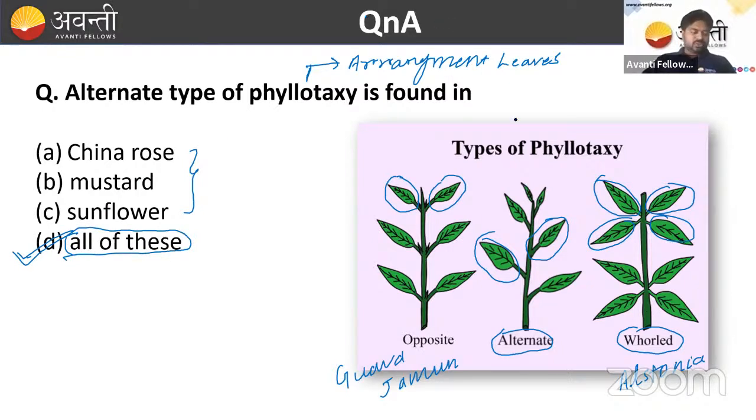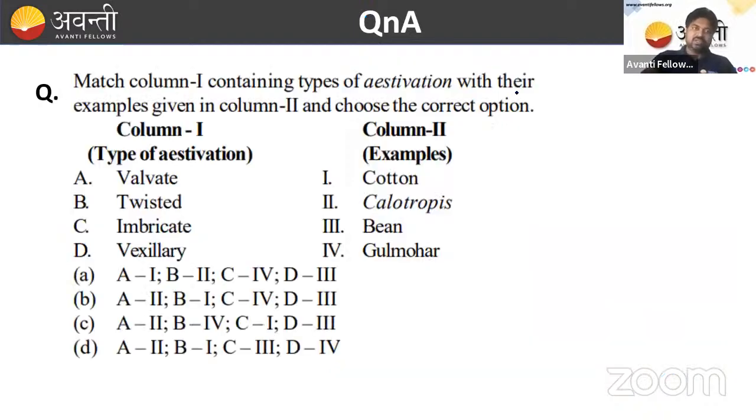Moving toward the next question, question number 8, on your screen. Match column 1, containing types of aestivation, with their examples given in column 2 and choose the correct option. Column 1: A velvet, B twisted, C imbricate, and D vexillary.